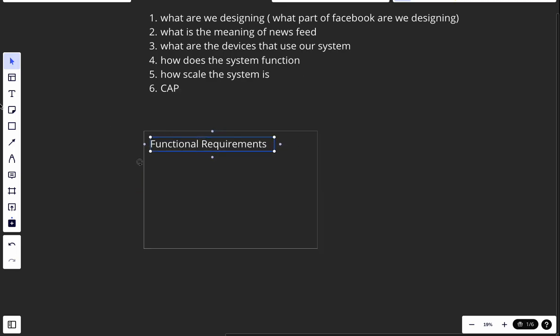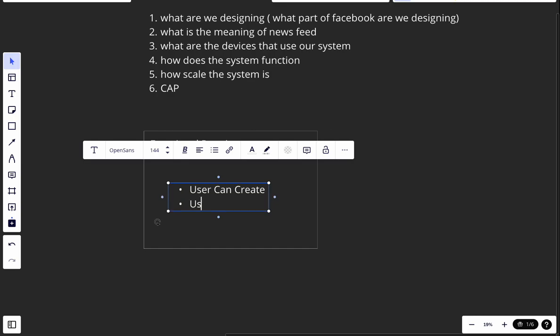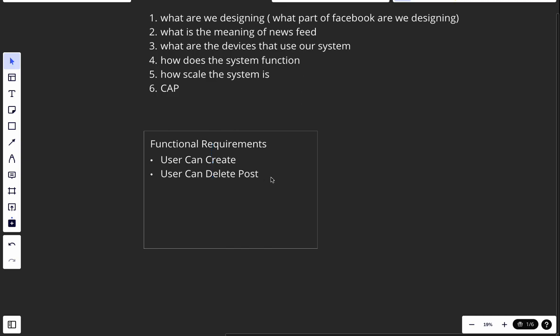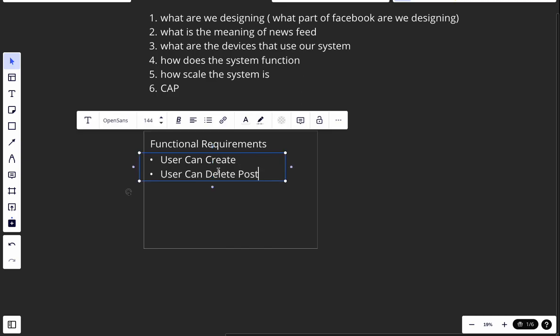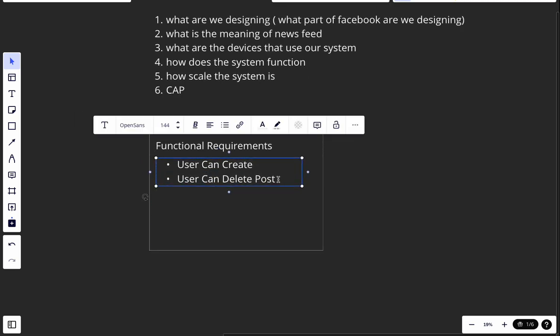We will say, first of all, let's make a bullet point. So I will say the user can create post, and user can delete post, and also, so I guess, yeah, user can create post, delete posts.